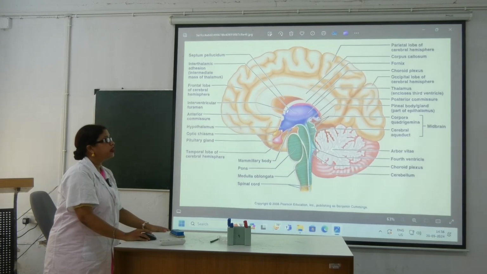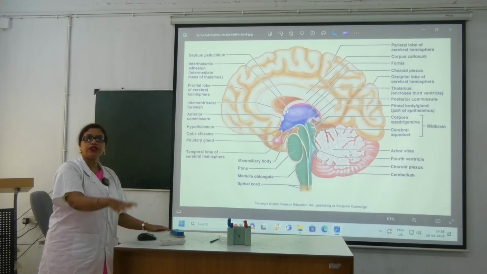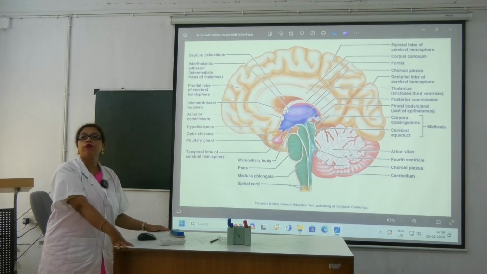There are folds of white matter, which is going like a tree in between the grey matter of the cerebellum. These are known as arbor vitae.